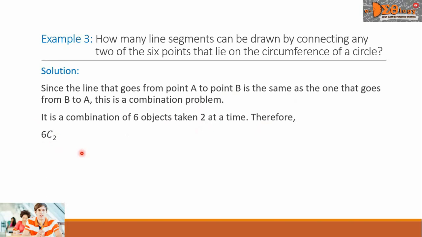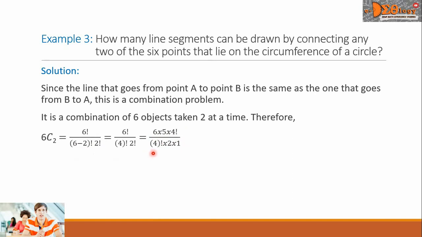Using our formula, this is now equal to 6 factorial over the denominator (6 minus 2) factorial times 2 factorial. Let us simplify first. The 6 minus 2 will give us 4. Then let us now simplify the respective factorials. Our numerator can be written as 6 times 5 times 4 factorial.